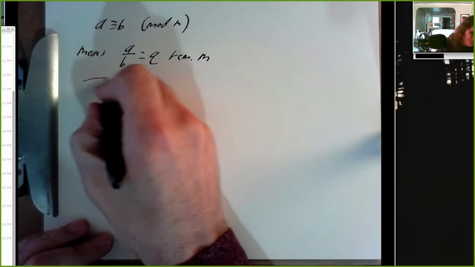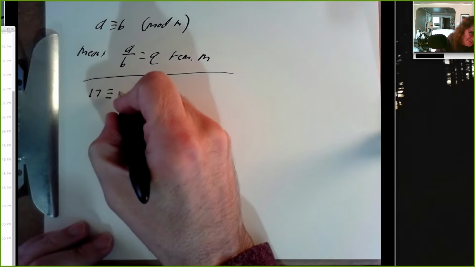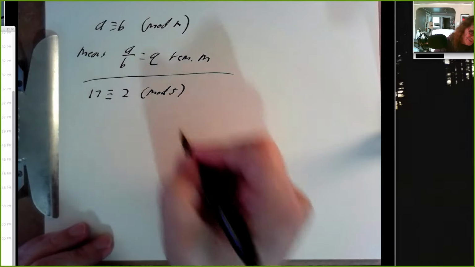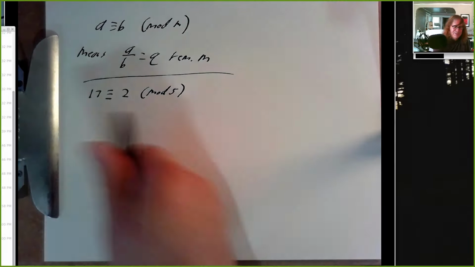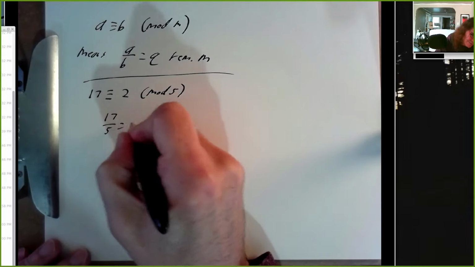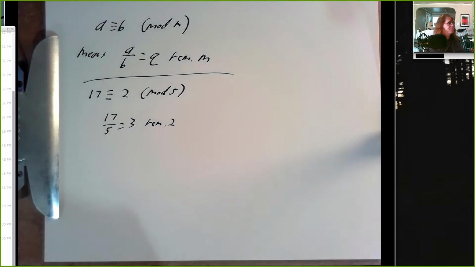Okay, so I'll use the same kinds of examples I was using last class. 17 is congruent to 2 modulo 5. Because 5 goes into 17, what, 3 times? That gives you 15, so you have a remainder of 2. So modular arithmetic is about just thinking about the remainders, throwing away the quotients, just looking at what's left over.